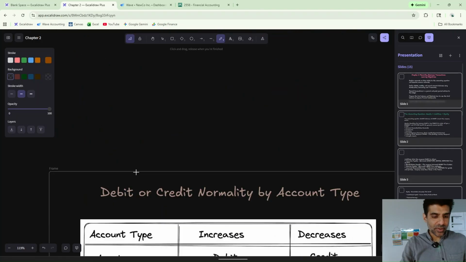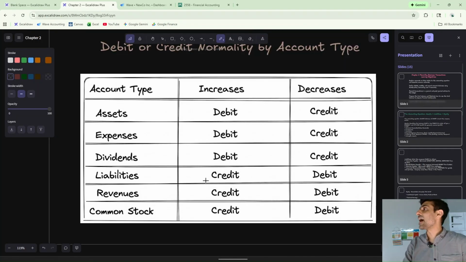So then we moved on to this table, which is saying the exact same thing. It's just in a tabular format. So now you're going to have to either remember it from the first principles that I just showed you, or memorize this table. By the end of the class, you'll hopefully be very comfortable with this system. You'll remember that if I'm receiving cash, it's a debit to cash.